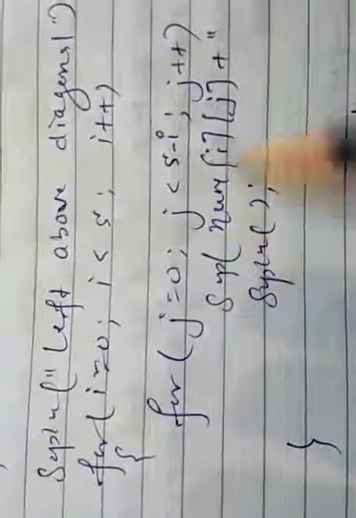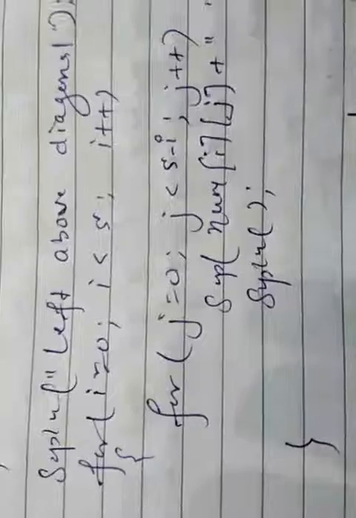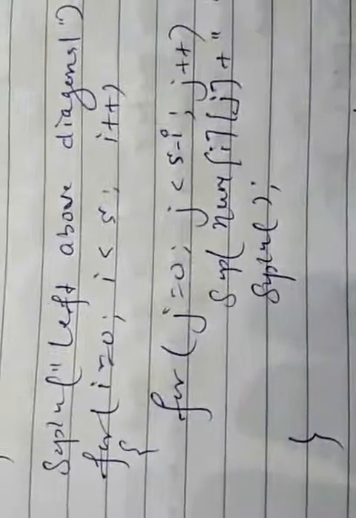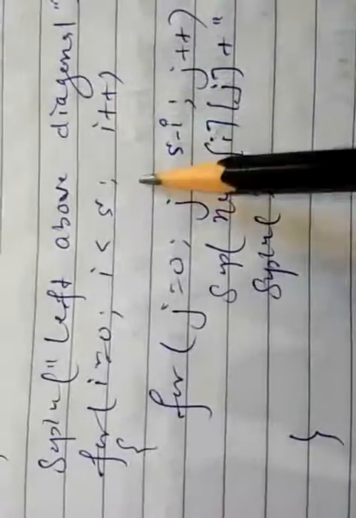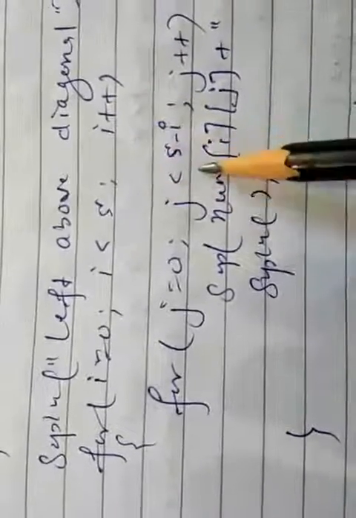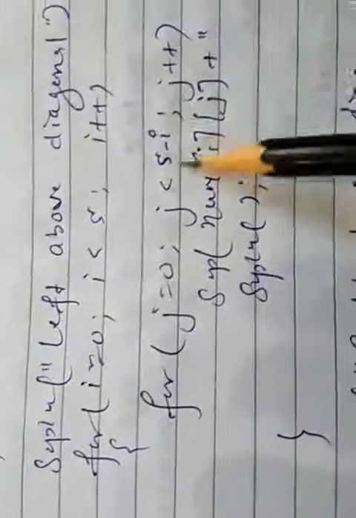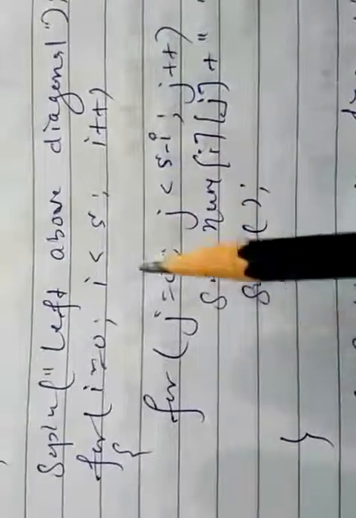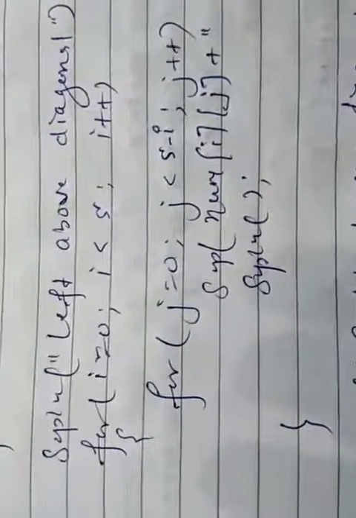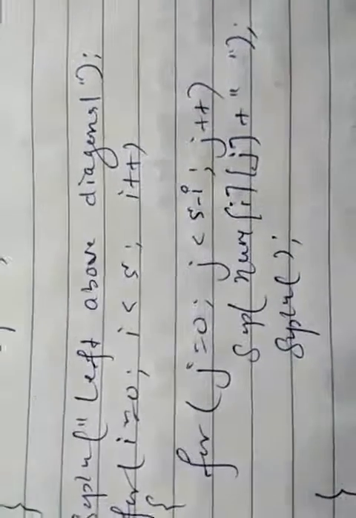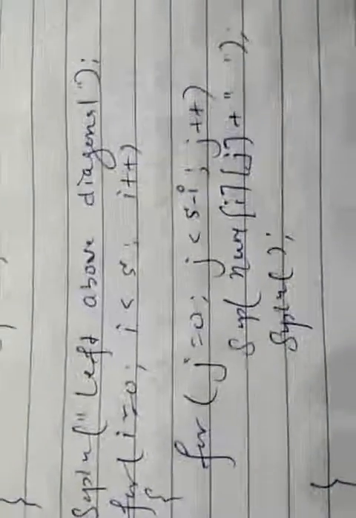So first this will print the complete first row from 0 to 4. In the second line, when i will be 1, the condition will be 5 minus 1, that is 4. So this will print from 0 to 3, the complete 4 values of the second row. Similarly the third row, fourth row, and fifth row. So this will print the left above diagonal.